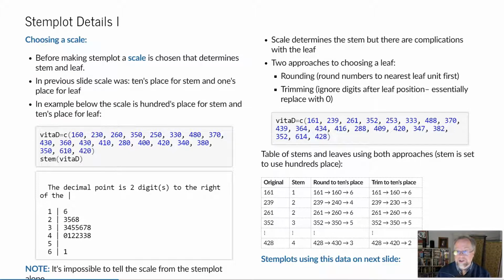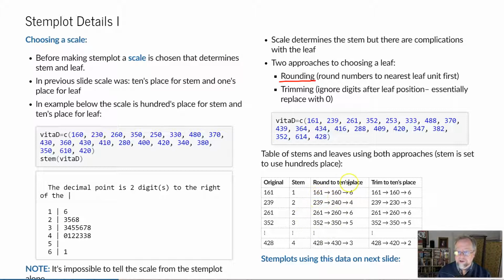Now the other question is, what happens if you have other information? So in this data set, I have 161. If I wanted to use the hundreds place as the stem and the tens place as the leaf, I have to decide what to do with the extra information. And there's two basic strategies. One strategy is called rounding. And so I would round the appropriate place.